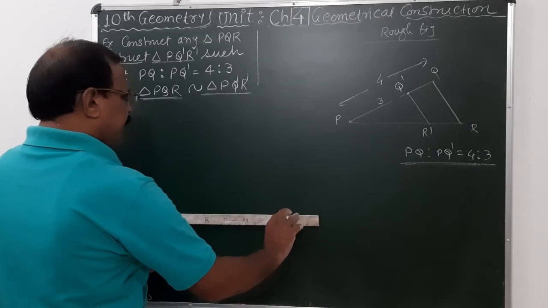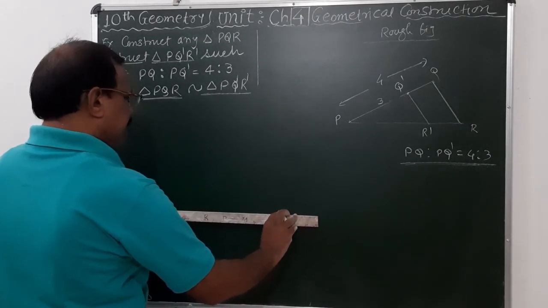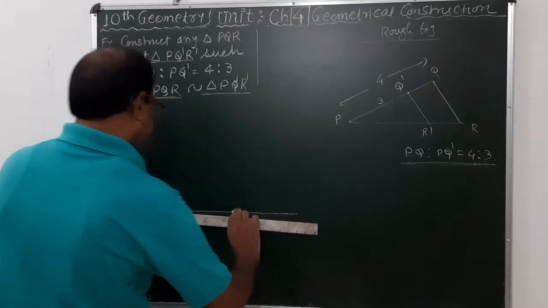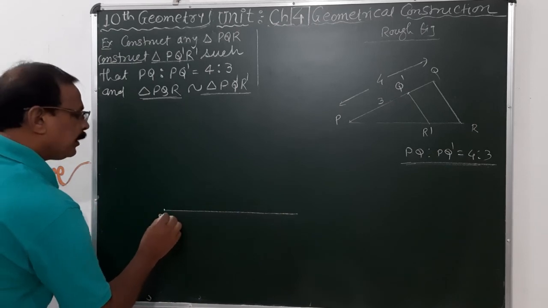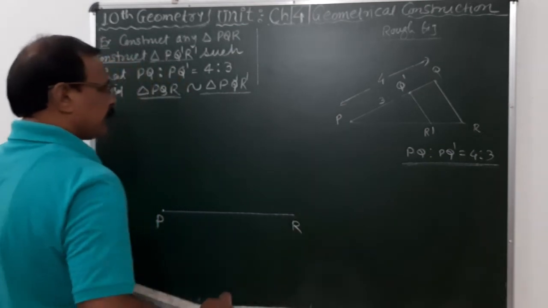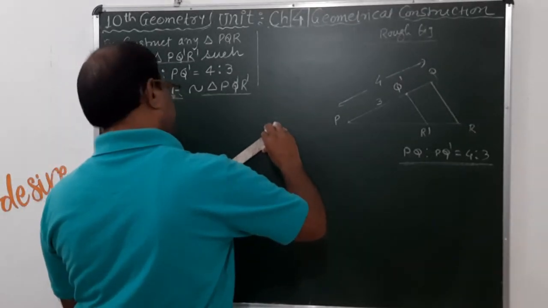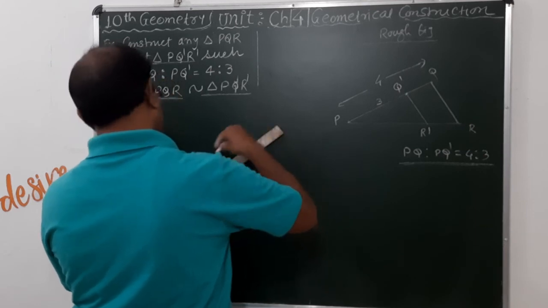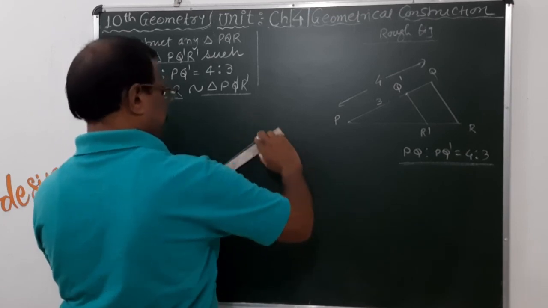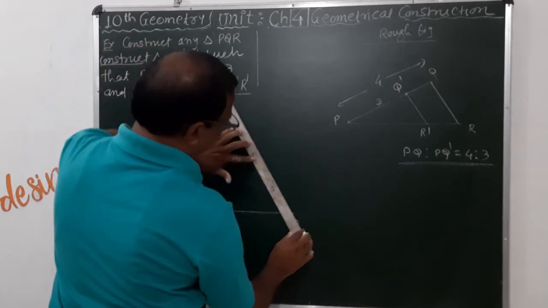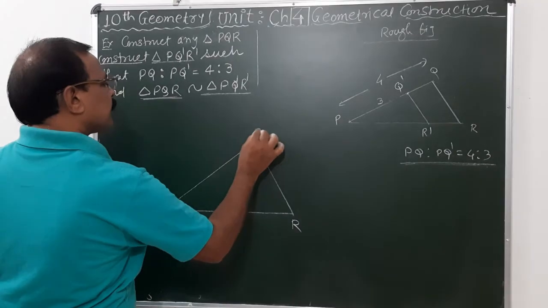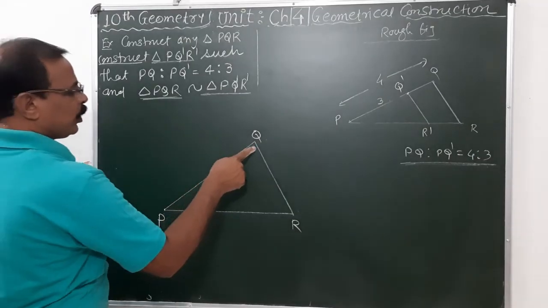So what to do here, we have to draw P, suppose this is R, I draw Q here, point. So this is our triangle PQR here.